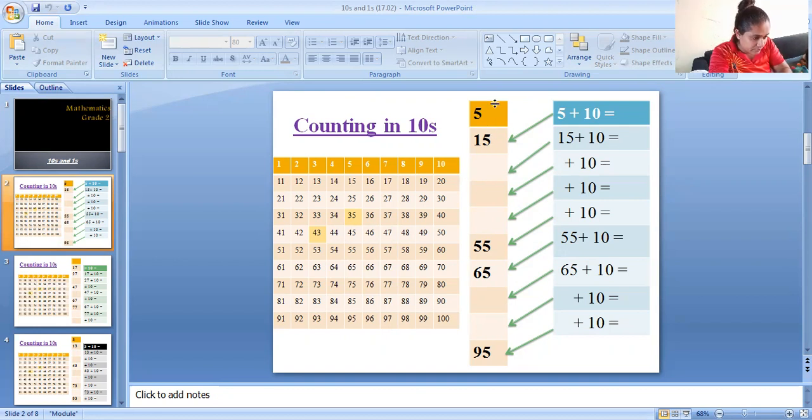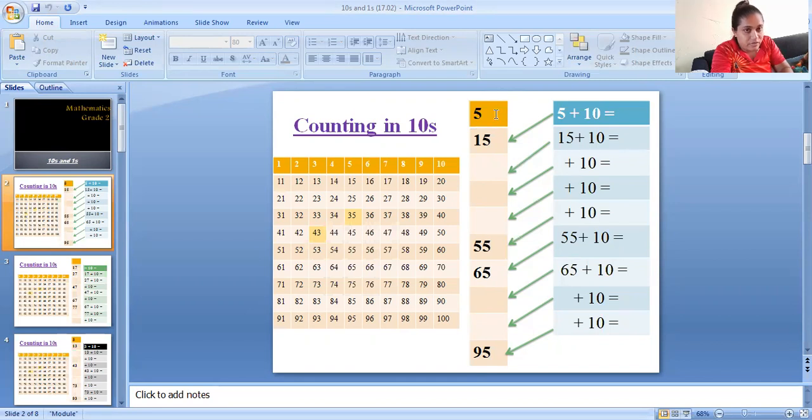I have a column and here there are some numbers and also there are some blanks. 5, 15, blank, again blank, again blank, and 55, 65, blank, again there is a blank, and it has ended with 95. Now we are going to count by 10 and fill these blanks. Let's see how it happens.